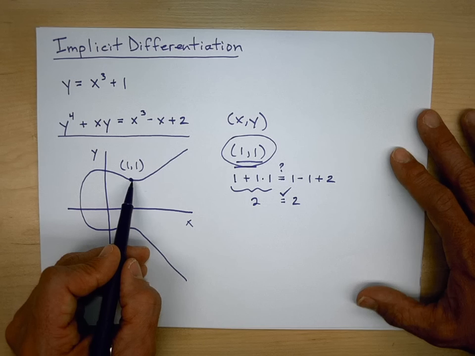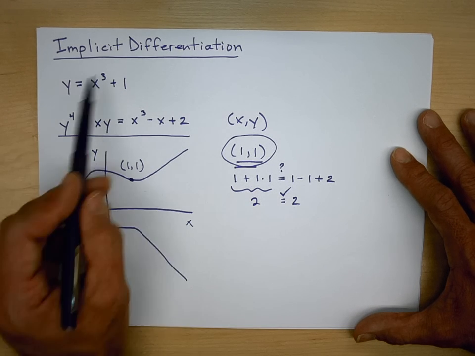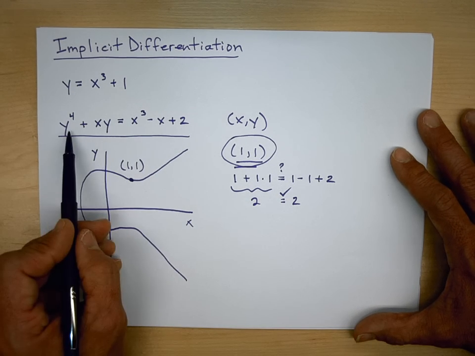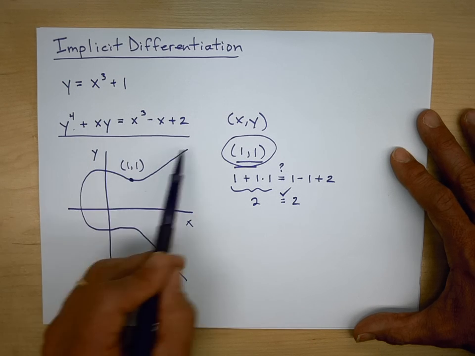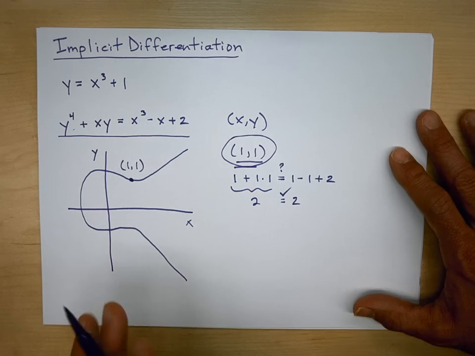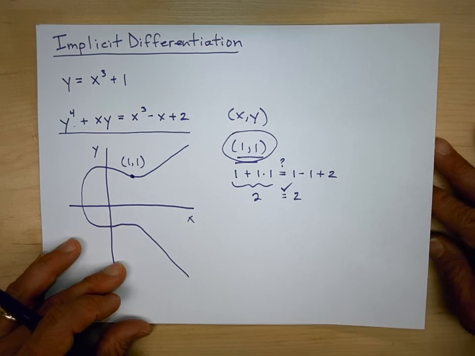That's why we care about being able to find derivatives of things like this. That's what we're going to look at in this lecture: how do we find such derivatives.